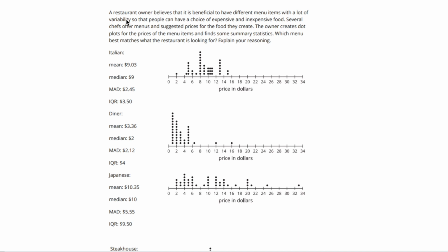So they want different menu items with a lot of variability. Remember, that is a widespread, or the data is more spread out if there's greater variability. And they want people to have a choice of expensive and inexpensive food. So this first one, for Italian, it goes from anywhere from $2 to $15. It looks like the data is kind of close together.